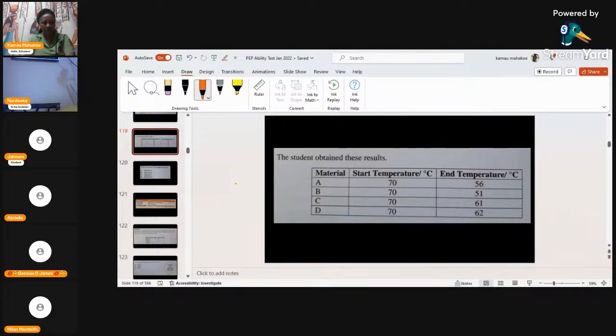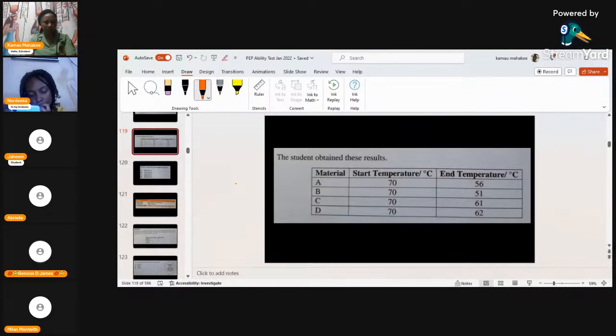Material A: start temperature 70 degrees Celsius, end temperature 56 degrees Celsius. B: 70 degrees Celsius, 51 degrees Celsius.